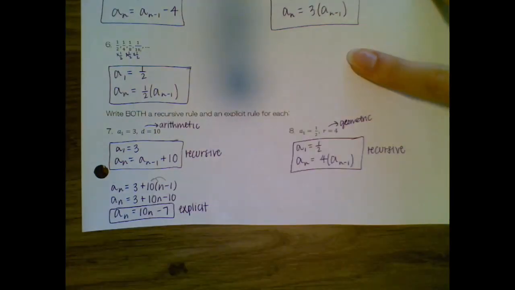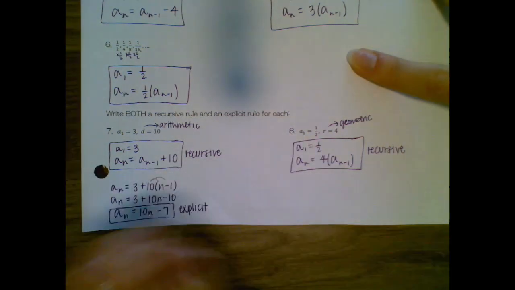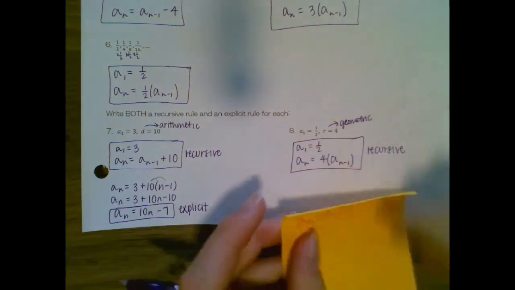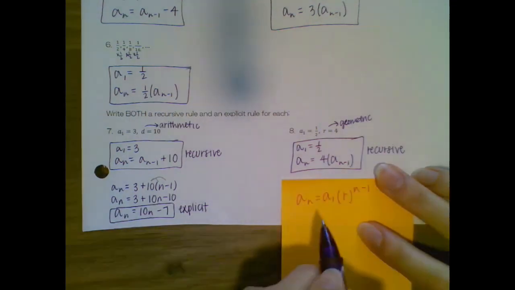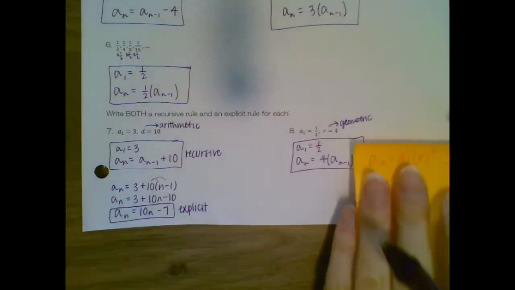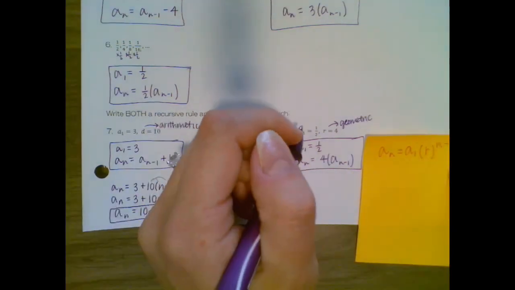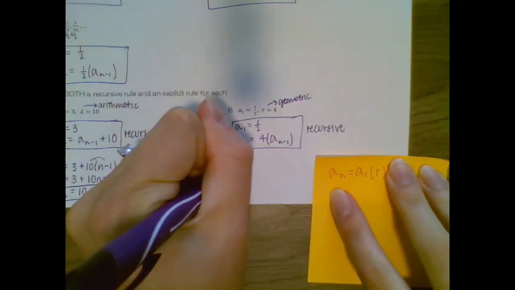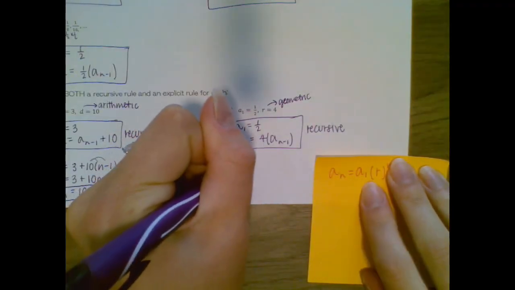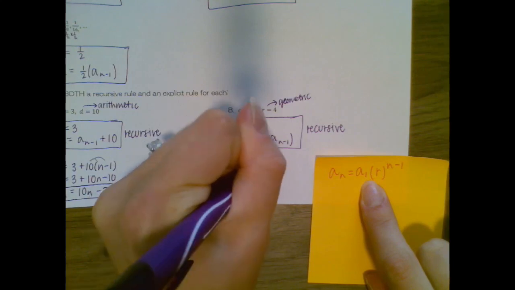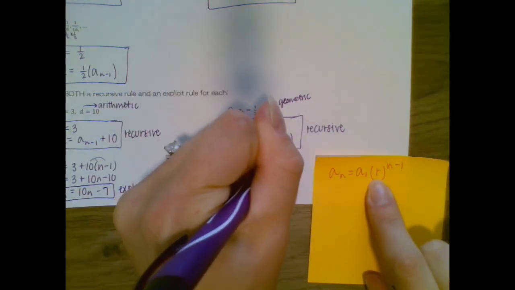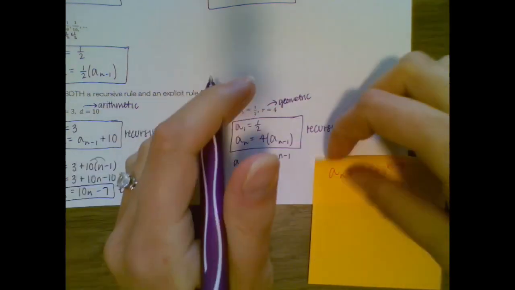All right. And then this is the explicit formula for a geometric sequence. So a sub n equals a sub 1, which is 1/2, times r, which is 4, to the n minus 1 power.